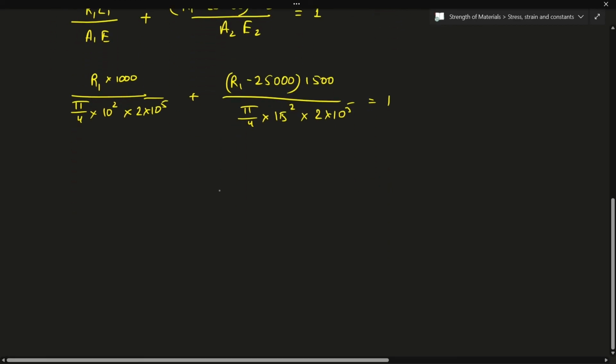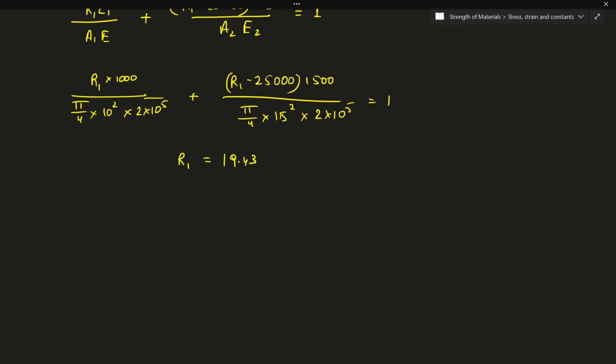Now if I simplify this, I'll end up with R1 as 19.43 kilonewton and R2 as 5.57 kilonewton. A fairly straightforward question, and hopefully you've learned something from this video. Thank you for watching and happy learning.